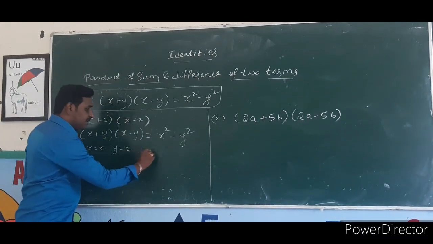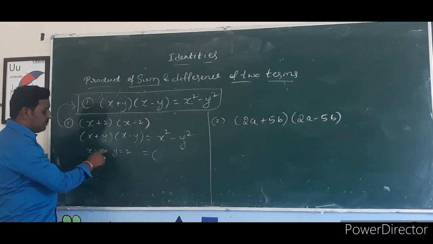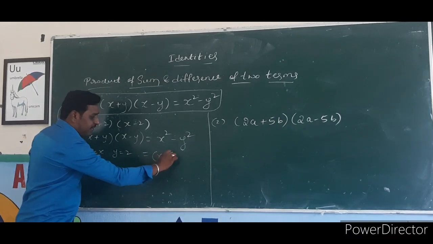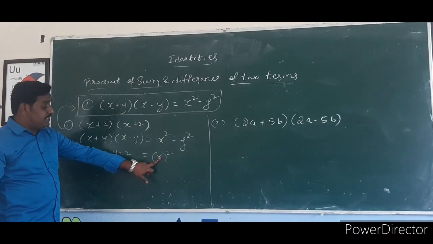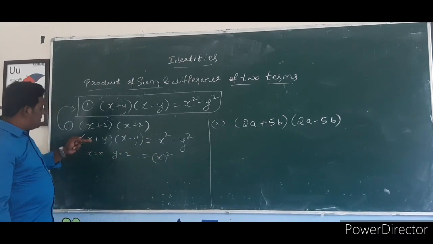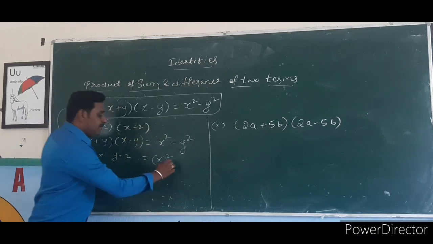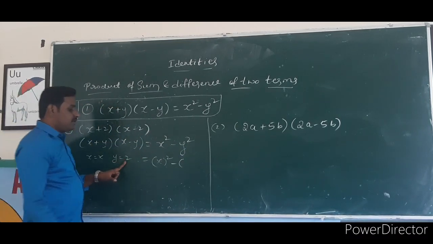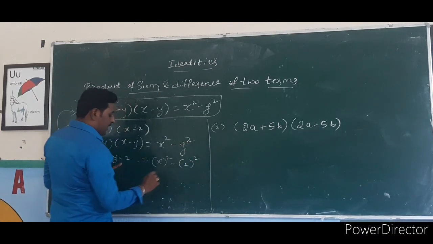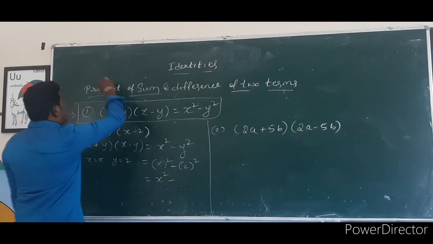So how to apply? x square means what? In the place of x, what is given? You can replace here. x only is given. If they are given m, you have to write m. If they are given p, you have to write p. So in this problem they are given x only. That's why I am writing x. Minus. What is in the place of y here? 2. That is 2 square. x square means x square. 2 square means what?